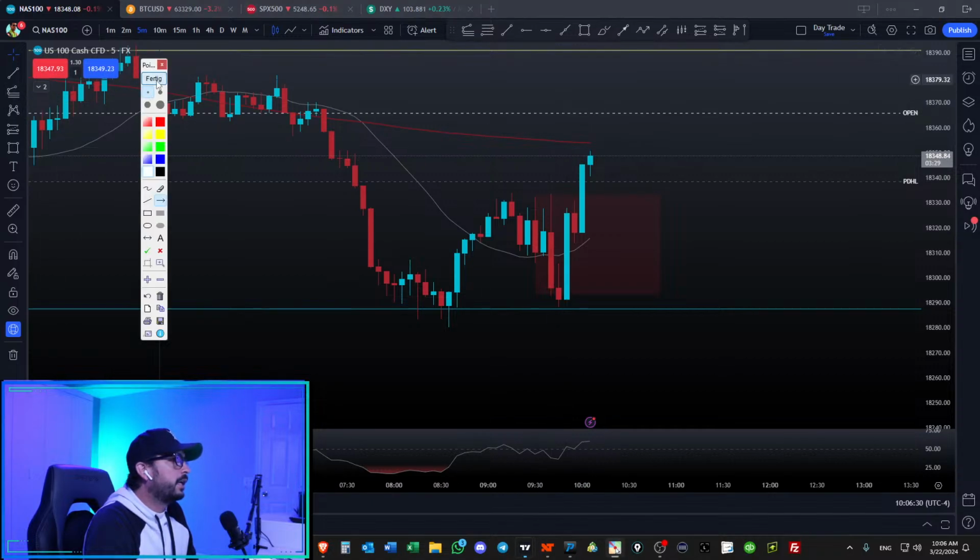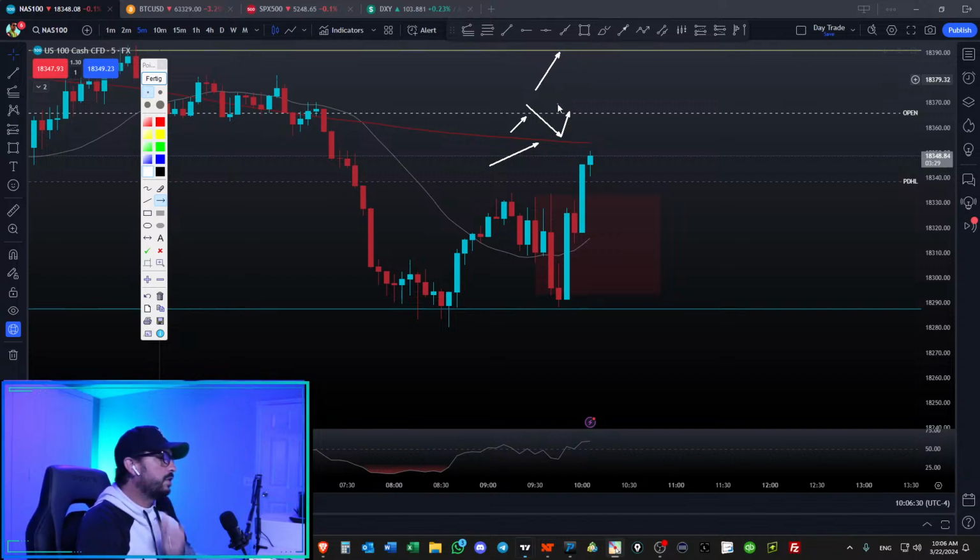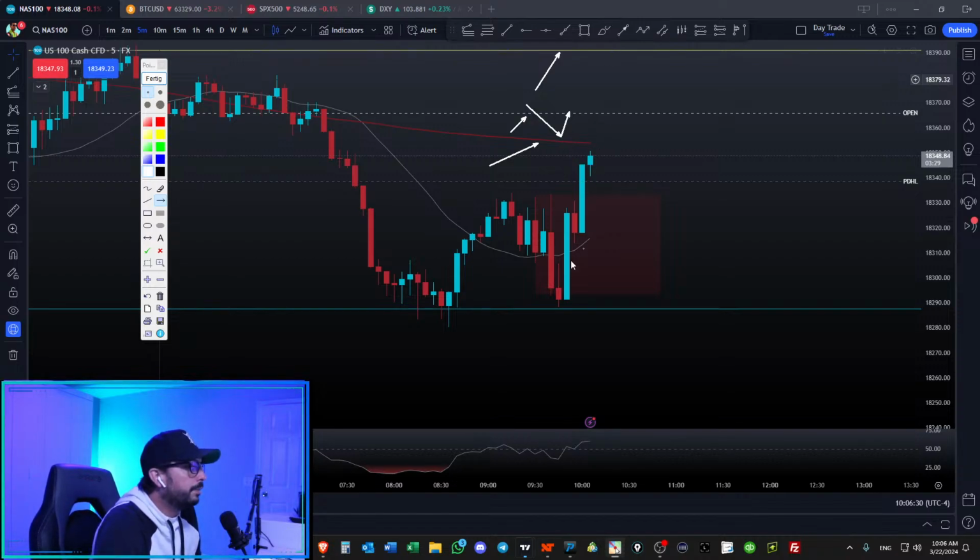To me, to take a long, it's probably not going to happen right now. You have to break the moving average, pull back, give me a nice confirmation, and I have to see the size of the stop to compare with the pivot point, because I need to see how much room, what's the risk to reward on that. Otherwise, I'm definitely just waiting.